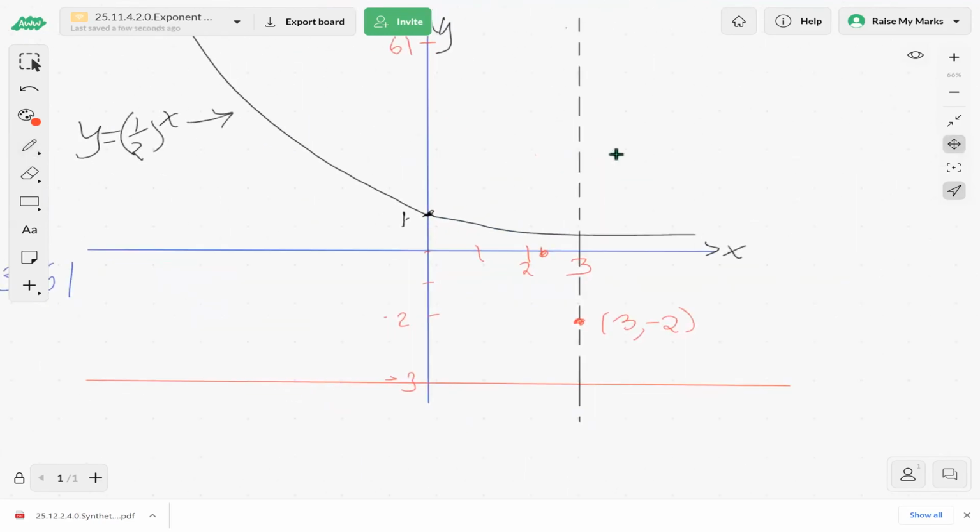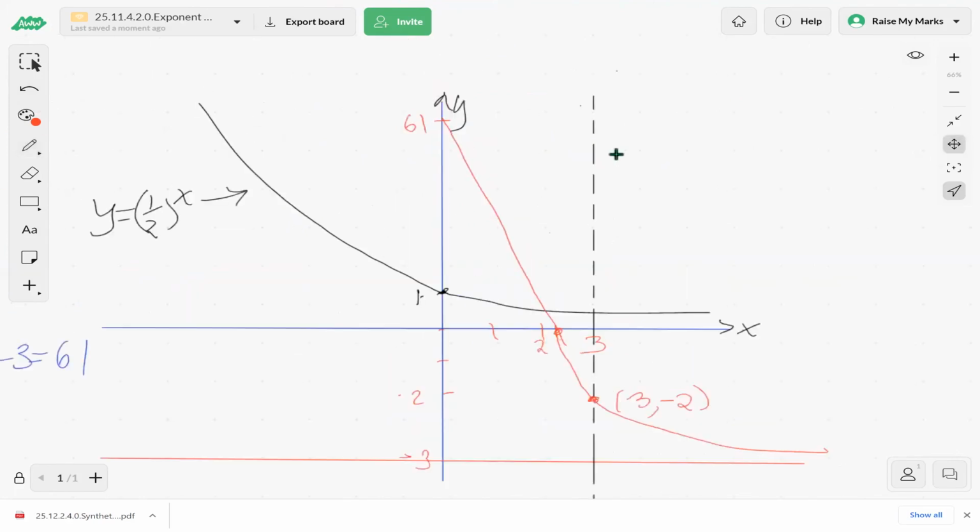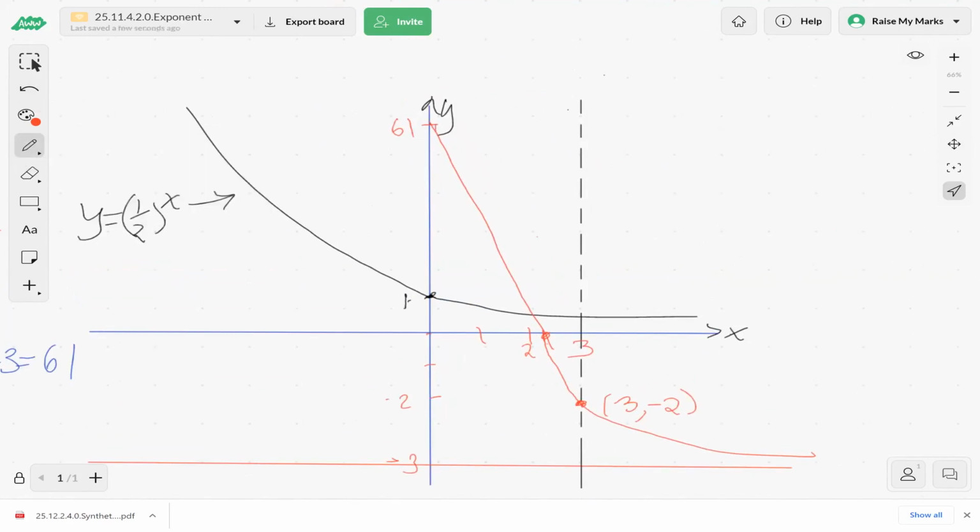It might not be easy. Let's see if we can fix that. So that's our new function, something like that. Not wonderful, but we've translated our parent function down 3 units and to the right 3 units, and we performed a horizontal compression, and it does look a little bit compressed horizontally.